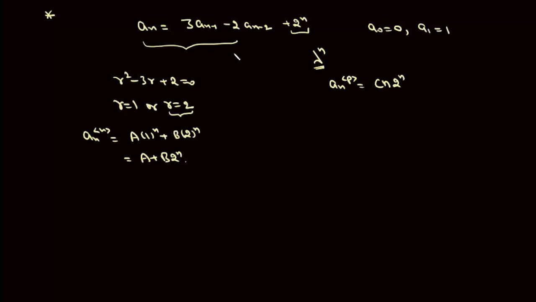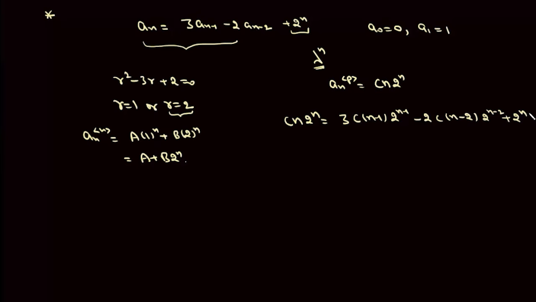Now we'll put it in this equation. So it'll be Cn·2^n = 3C(n-1)·2^{n-1} - 2C(n-2)·2^{n-2} + 2^n.